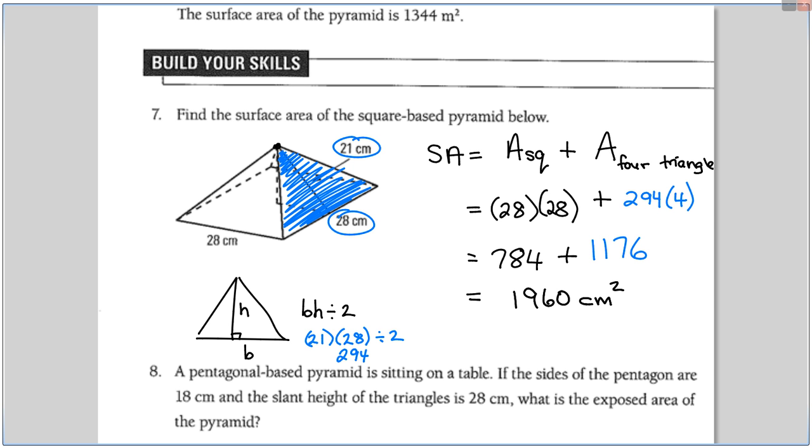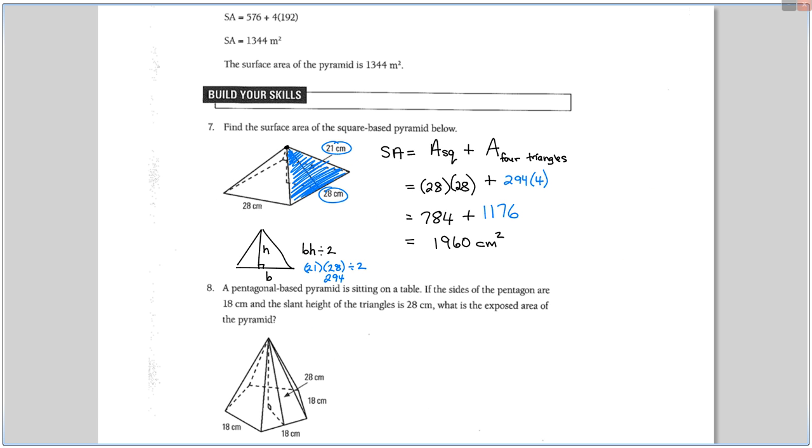Okay, for the next question, can you guys just cross it out? I don't plan on doing any questions that aren't familiar shapes. So I don't care about the pentagon. I'm just going to do squares, rectangles, circles, and triangles, okay?